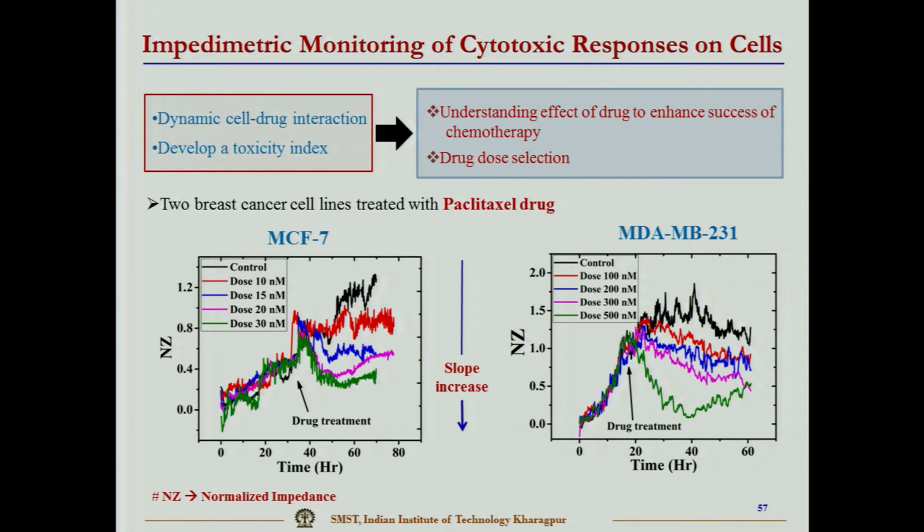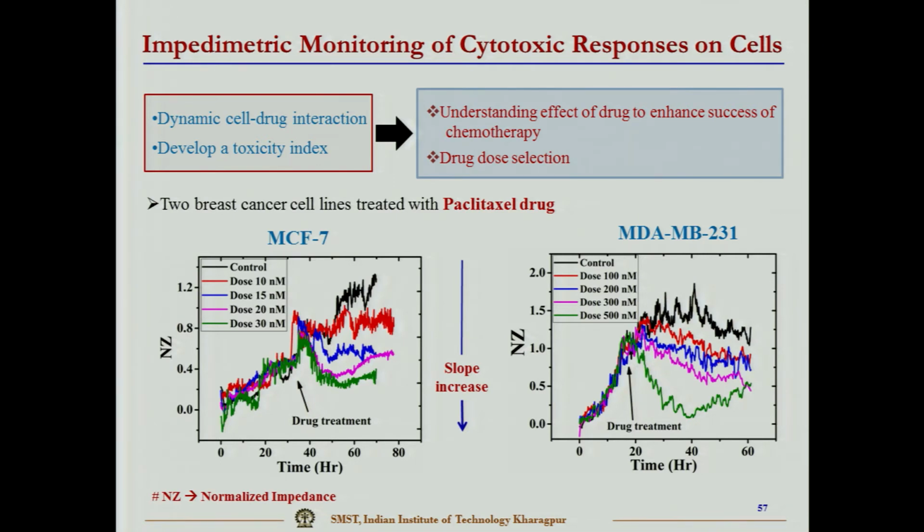Here it is the MCF7, and this is the case for MDA 231. We started the bioimpedance, and cellular growth started here, so the growth process is taking place.